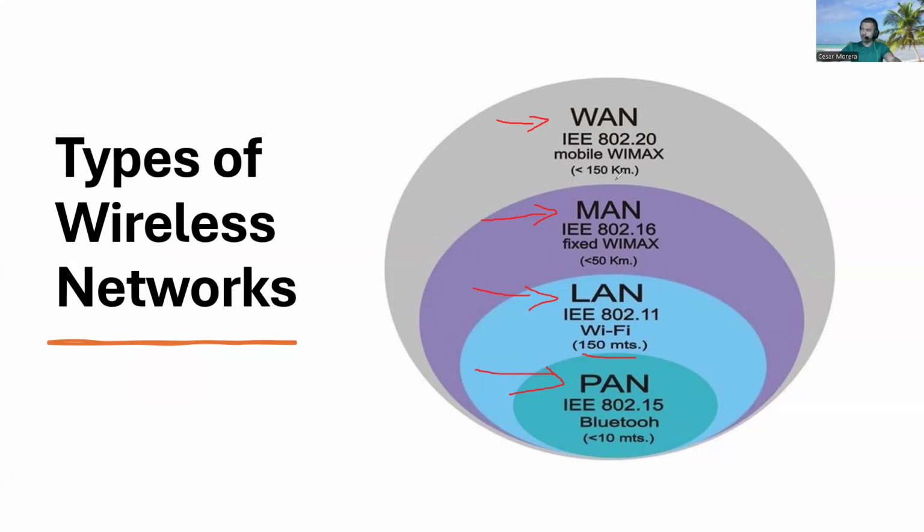And finally, we have 150 kilometers or less for the wide area network, IEEE 802.20 mobile Wi-Fi. Now, I know it's a little bit less in miles.